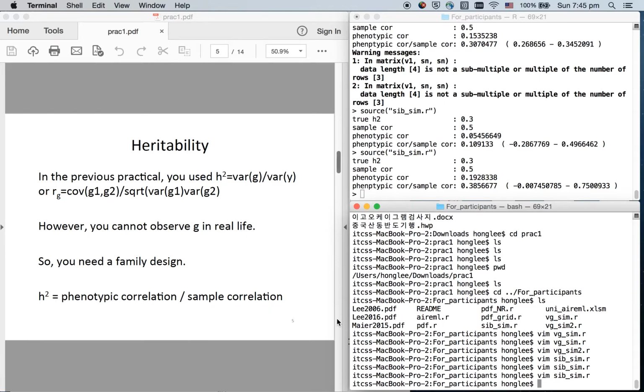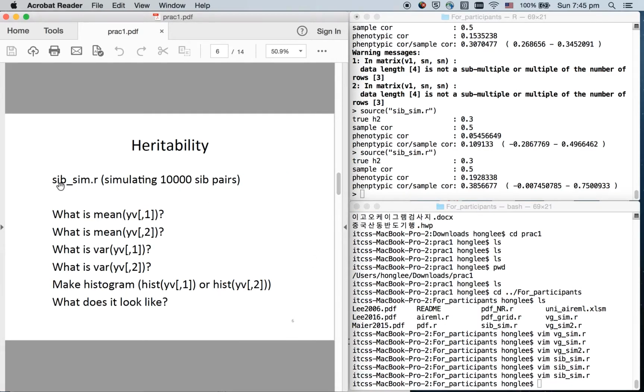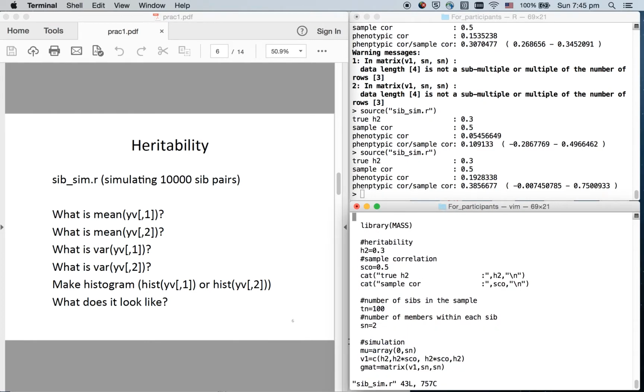So let's have a look at the code in the sib-sim.R. Look at this. Before you start, you probably want to change the total number of sib pairs.